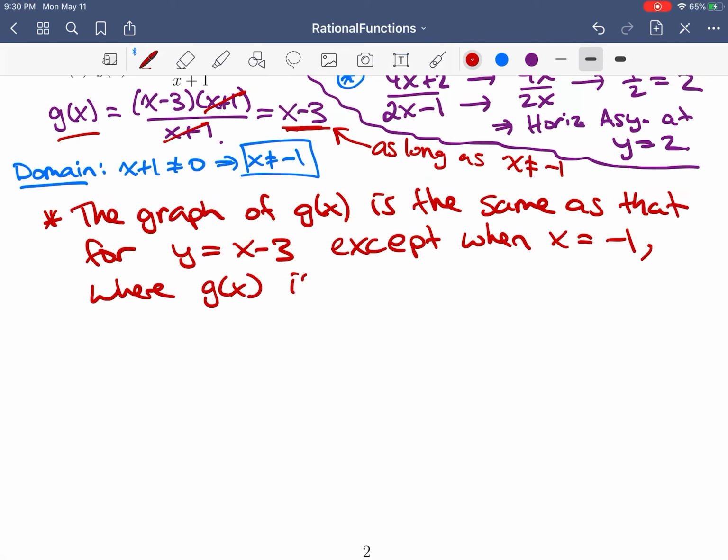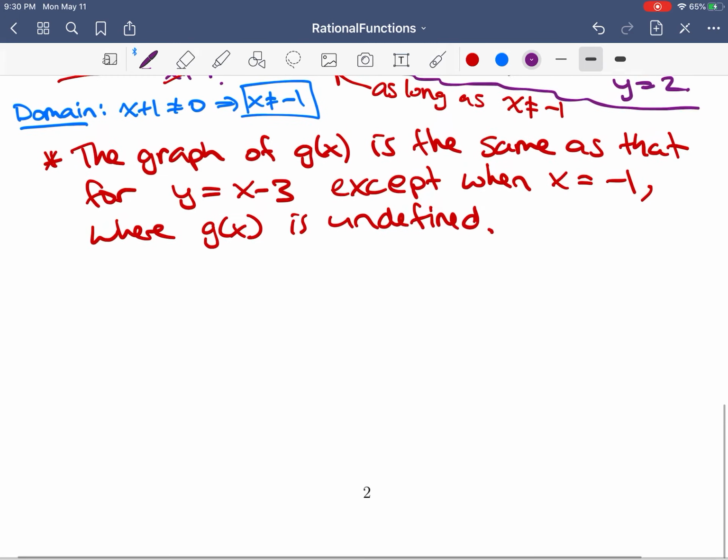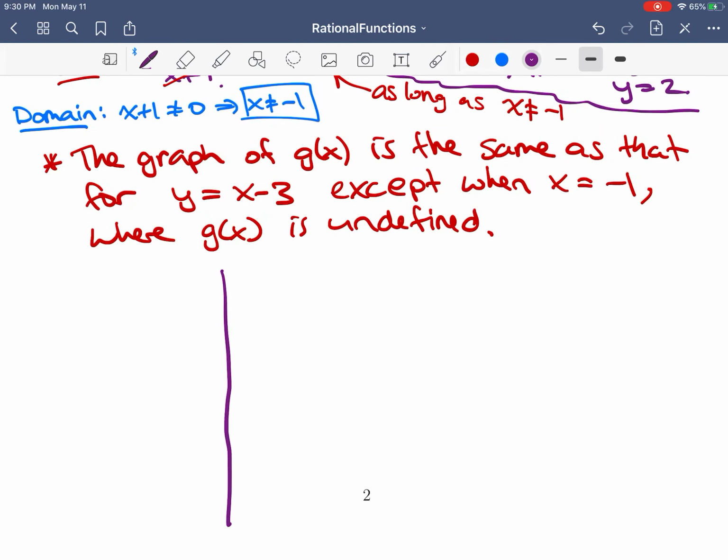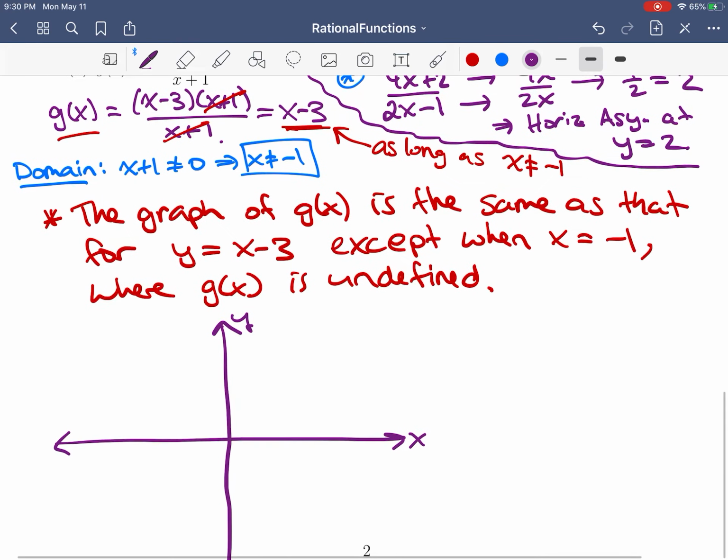Okay, where g of x is undefined, because we have to compute the domain before we do any simplifying. So what this means is that our function actually looks like a line. So here's the x, here's the y.